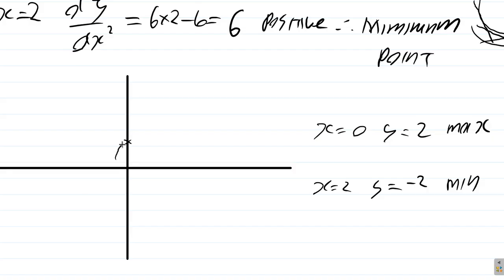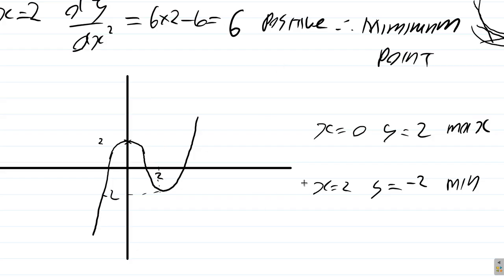You have a maximum point. And let me redraw this. When x is 2, y is negative 2. So 2, negative 2. It would be like this. You have a minimum point. So I expect it to look like this.